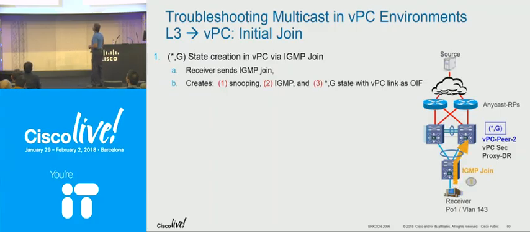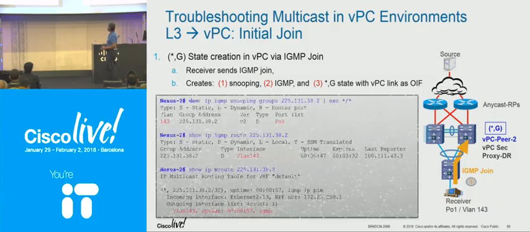Like I mentioned, we saw all along our presentation, I keep reiterating this because that's how even I learned it. The moment we receive a join, the very first thing that the VPC peer does is populate the snooping table and then create the start-G state entries, and use the CFS message to exchange the information between the peers.